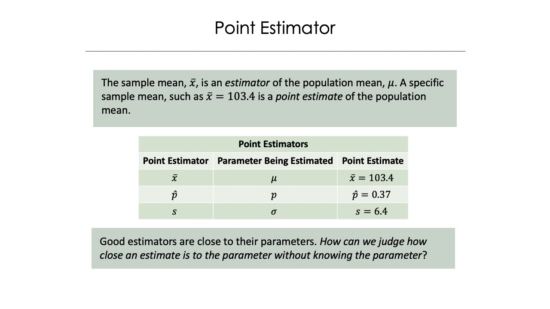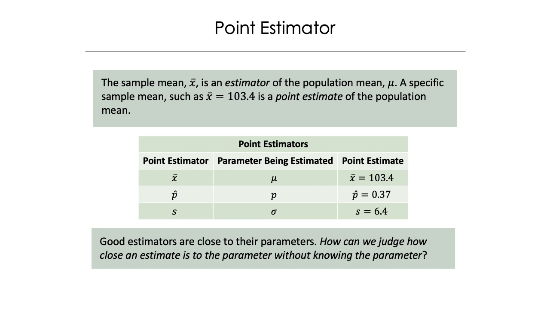The following table has some common point estimators and parameters that are being estimated and an example of a point estimate. In the first row, we have a point estimator x bar. The parameter that's being estimated would be mu, and an example of a point estimate would be x bar equals 103.4. The second example we have is p hat is a point estimator.